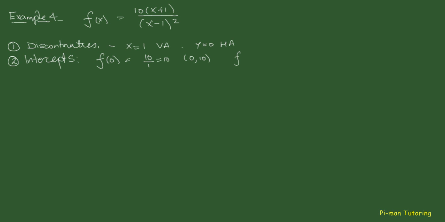And when is f of x equal to 0? Well, that's when the numerator is 0, so we know that x must be -1. And so we have another point on the graph, (-1, 0).